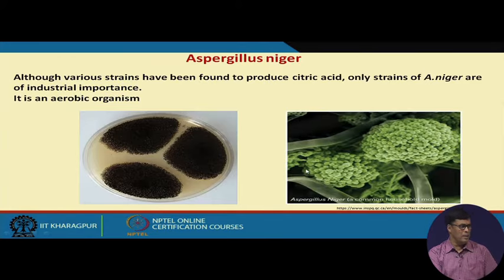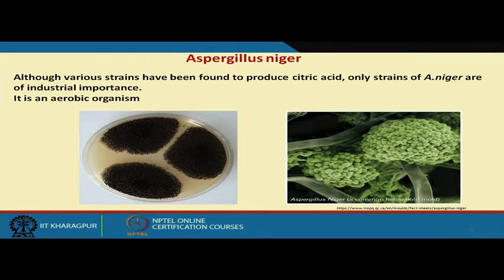Various strains of Aspergillus niger were found to produce citric acid, and it has industrial importance. This particular strain is found on most rotten citrus food.